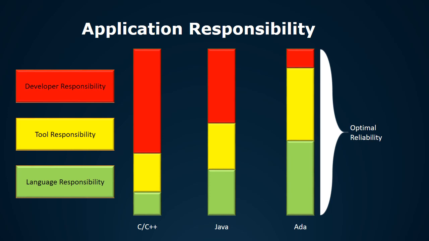Developers using C and C++ have the greatest flexibility with their programming, but have the most responsibility to generate correct code. Ada is the exact opposite. Much of the responsibility is given to the compiler and the tools so that the developer can focus on fulfilling the design requirements they are given. With this scenario, the application will have the optimal reliability.